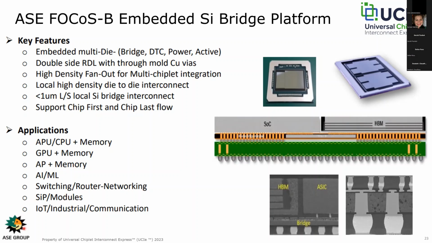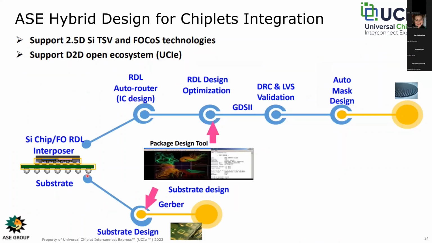And it applies to many different markets that you can see here on the bottom left of the slide. Finally, ASE also enables the complete design flow for chiplet integration, including auto routing and optimization using commercially available EDA tools, as well as the mask generation in industry standard formats.